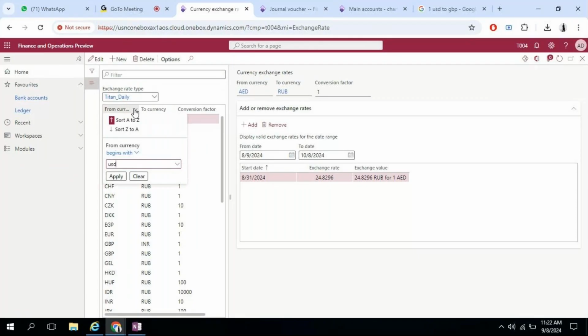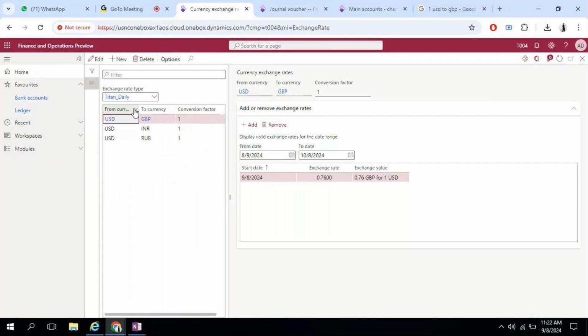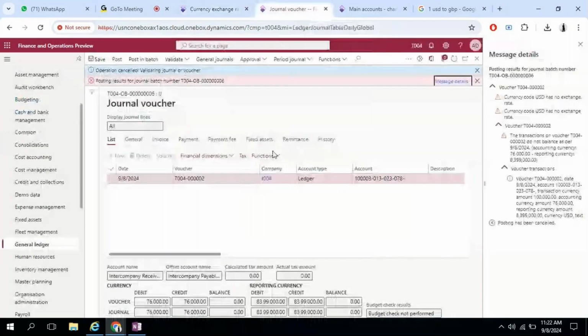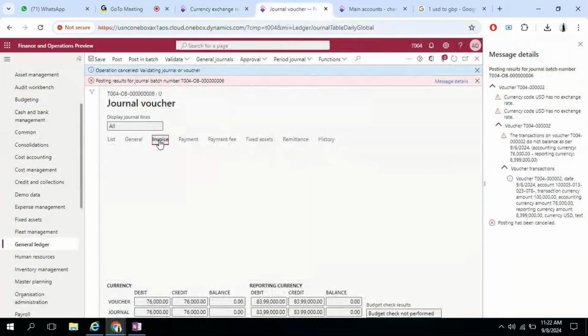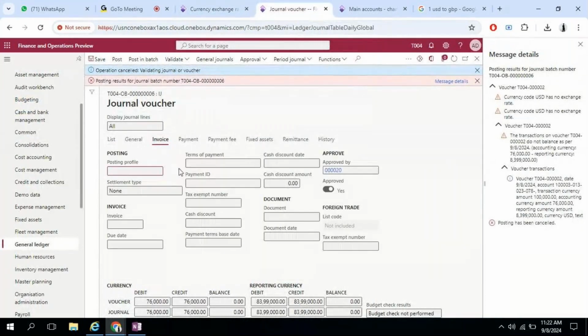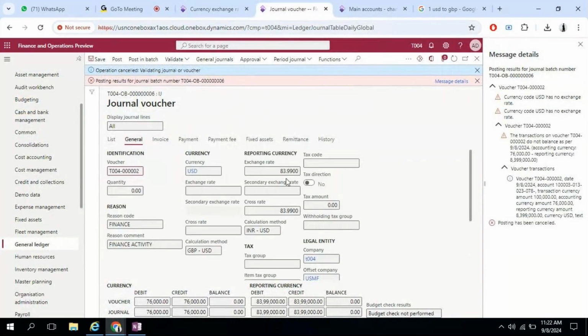We will take USD. USD to INR is there, USD to GBP is there, both are there. Maybe it is because of the cross rate. Why is it showing currency code USD has no exchange rate?